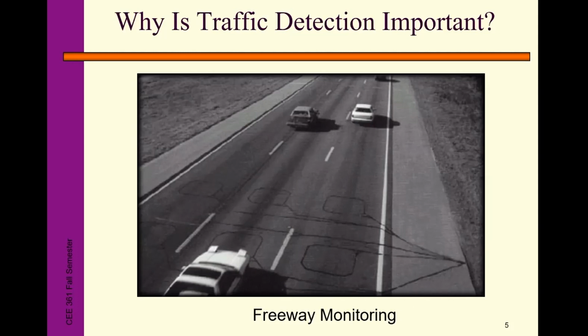We want to know where the bottleneck is and what the congestion level is, and how we can mitigate congestion using certain strategies like ramp meter control, speed harmonization, and dynamic routing strategies. When we consider those strategies, we need to know the magnitude of the congestion, so we heavily rely on traffic sensor data.